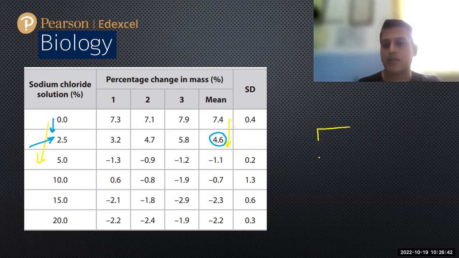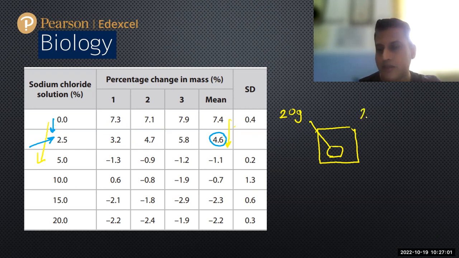For example, if we place an onion in this beaker, before placing it, let's assume the weight is 20 gram. After placing it, the weight is 20 gram. So no change.